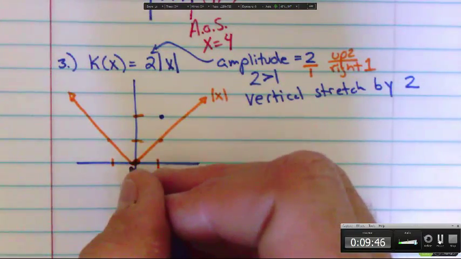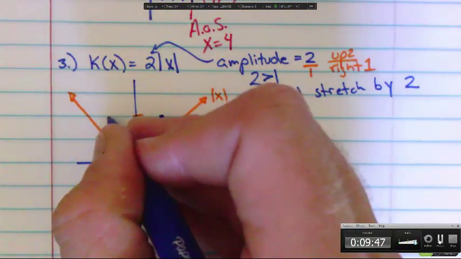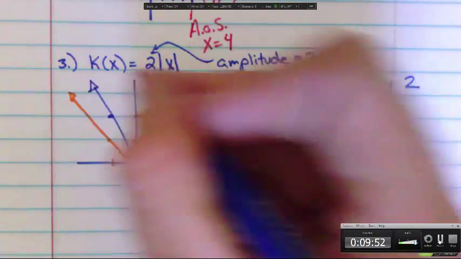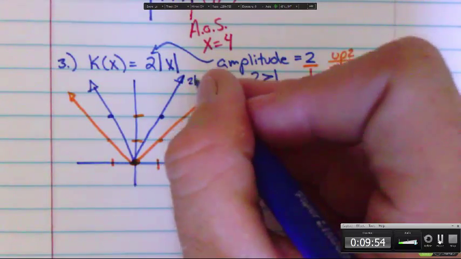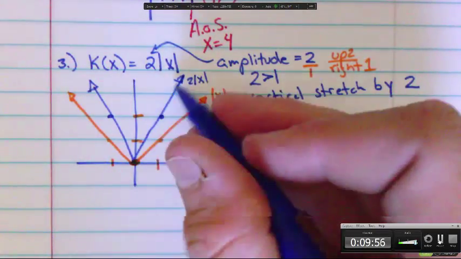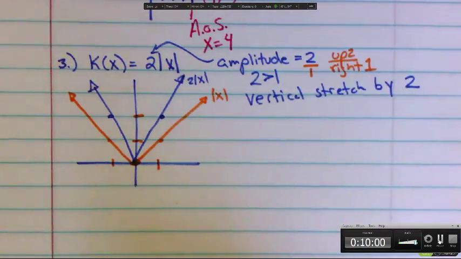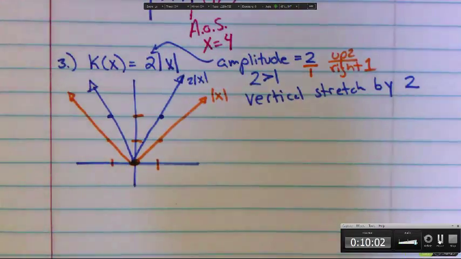And then we're going to do the exact same mirror image. It's going to be up 2, left 1. So in doing so, we've got this new function, which is 2 absolute value of x. And if you look at it, it is twice as steep as the parent function, absolute value of x.